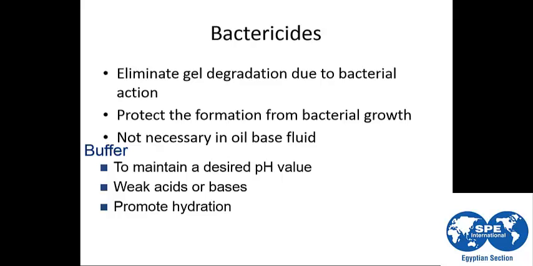Once you get the pH value, you need to check whether it is within the suitable range for the crosslinker to work. In case the range is not suitable, you need to use a buffer to reduce or increase the pH value to be suitable for the crosslinker to work.